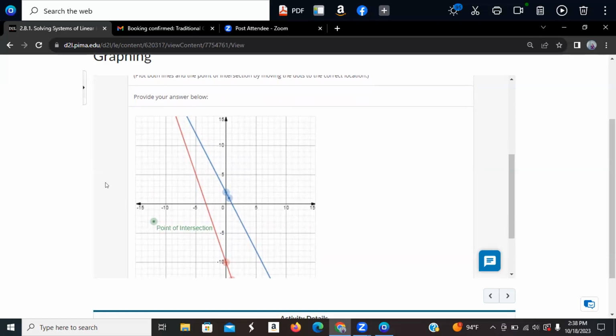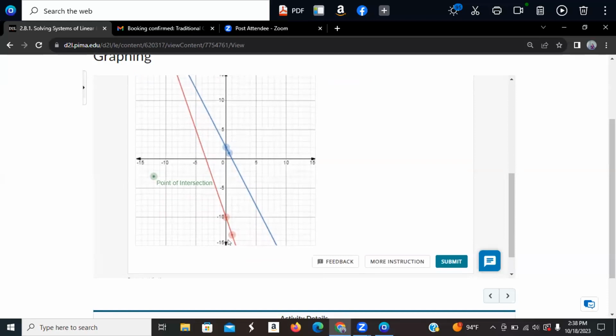Okay, so your slope is not correct. You go down to the red one. That's the issue.